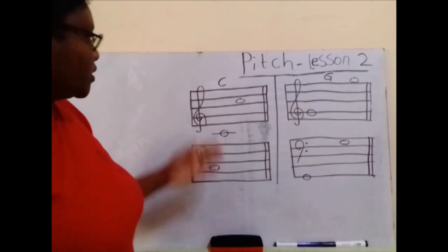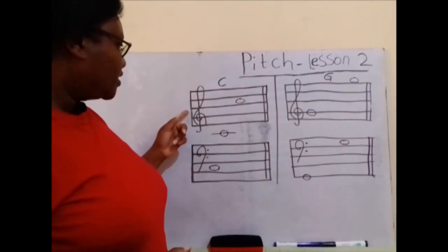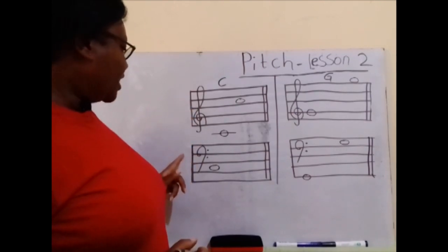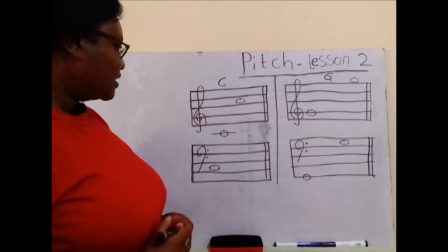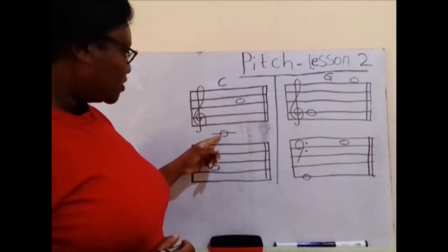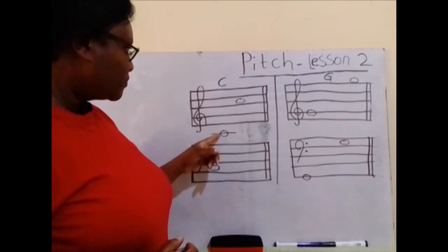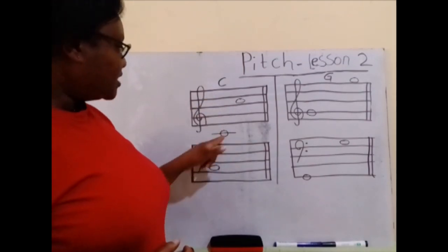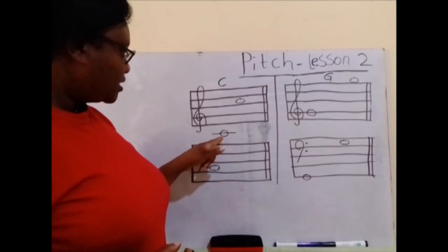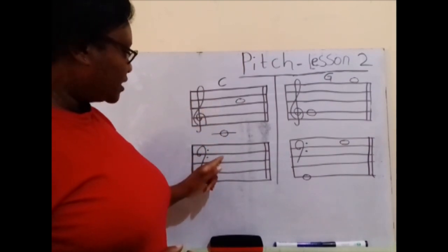Now, this is C and this is treble clef. We have treble clef and we have bass clef here down. So, the funny thing is that this pitch, this note will sound the same for both clefs, because this is a C, this is a middle C. It is the C between the treble clef and the bass clef.